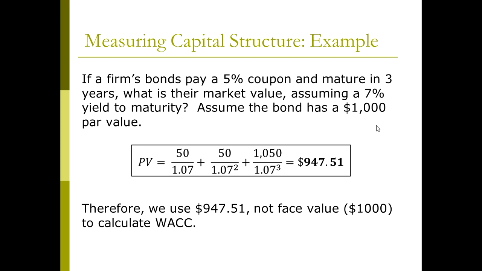To calculate the market value of the bond, we need to use all the numbers to calculate the market price of the bond, which is the discounted value of all coupon payments and face value at the 7% yield to maturity. So the price of this bond is $947. Therefore, we're going to use this $947 as the market value of the bond to calculate the WACC, not the face value.